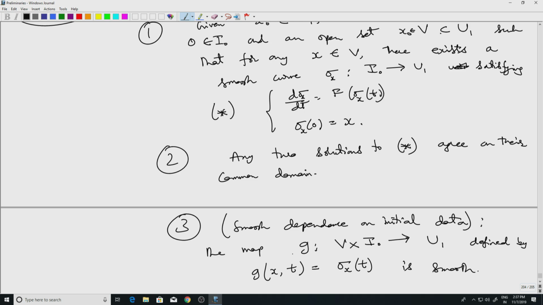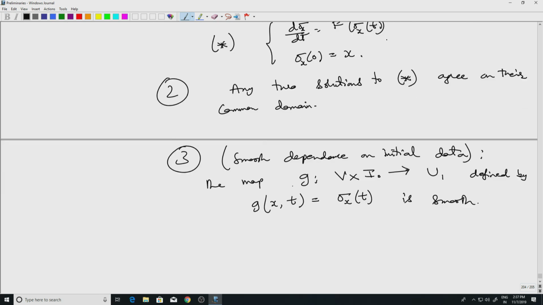So for this new G, x is also a variable. Even then, there is smoothness. As you change the starting point, you get different solutions, and they all change smoothly. That's what this is saying.